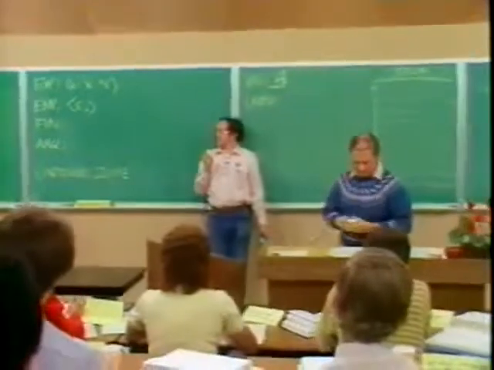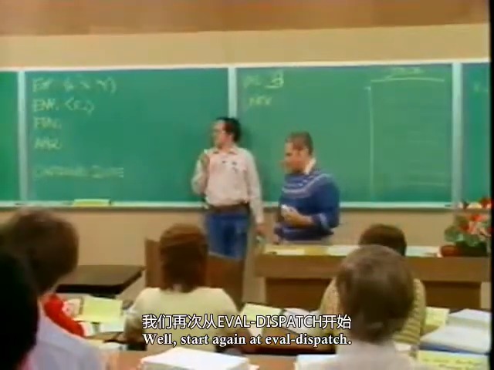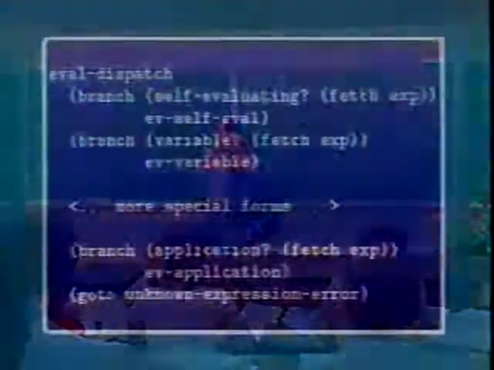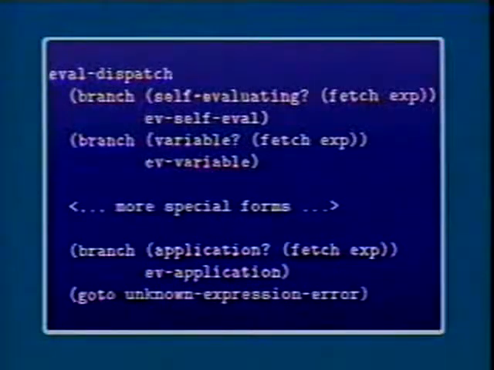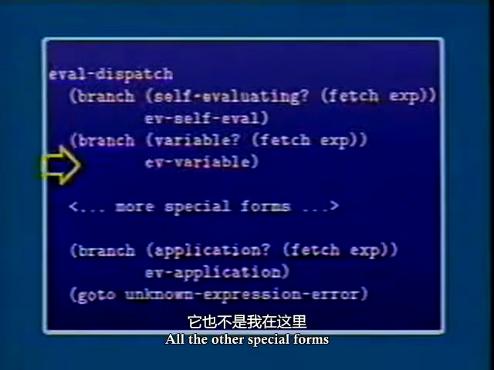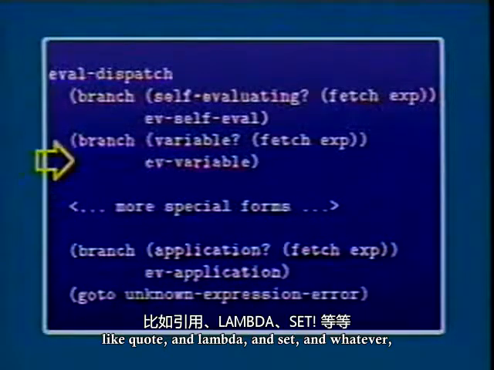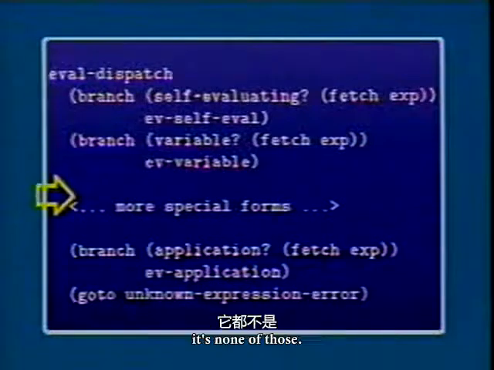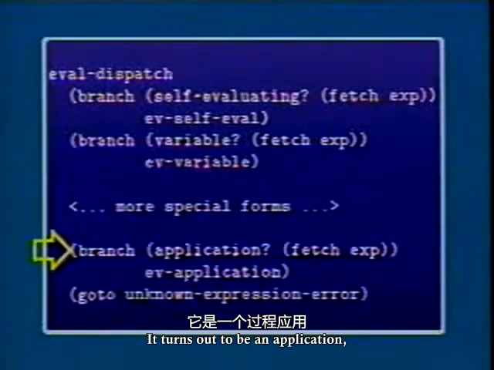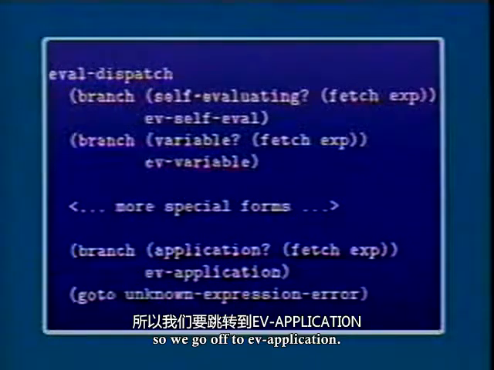Well, start again at eval dispatch. Self-evaluating, no. Variable, no. All the other special forms which I didn't write down, like quote and lambda and set and whatever, it's none of those. It turns out to be an application. So we go off to ev-application.